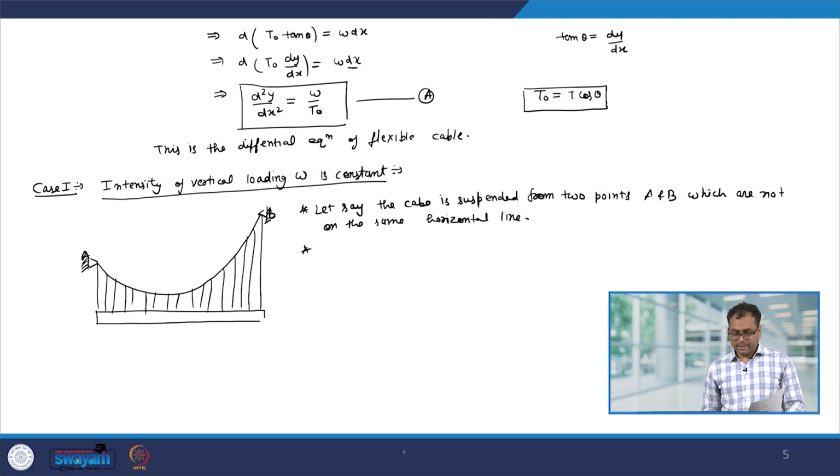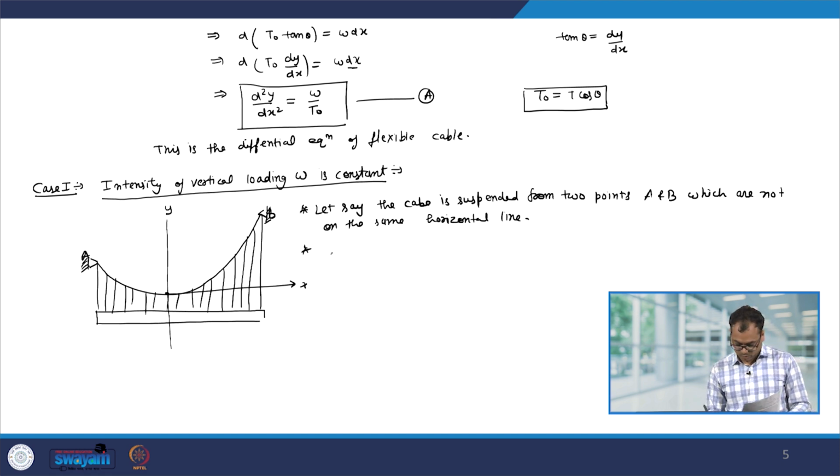And also let us place our coordinate axis at the lowest point of the cable. So, let us say this is the lowest point, I am going to put my coordinate axis over here. So, this is the y axis and this is the x axis.